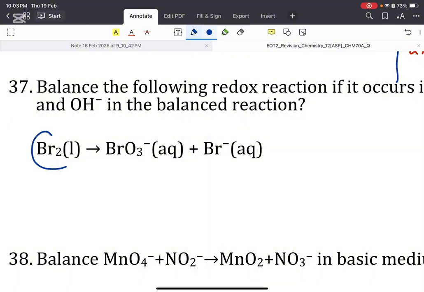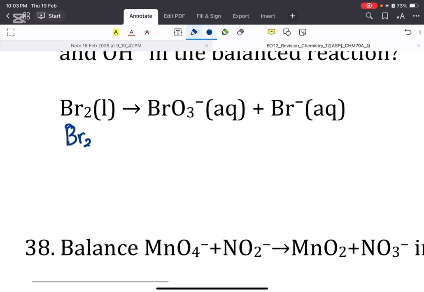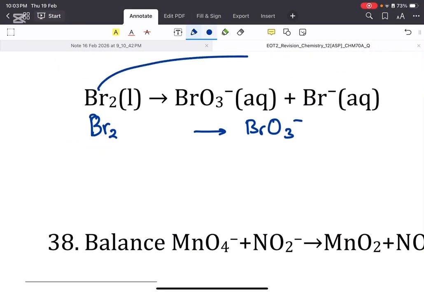Now here you can see I only have one reactant, so I'm gonna use it twice. One time to say Br2 gives BrO3 minus, and the other time I'm gonna say this gives Br minus. Let me first finish the first one.